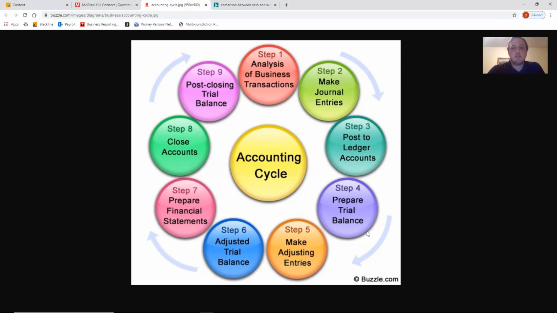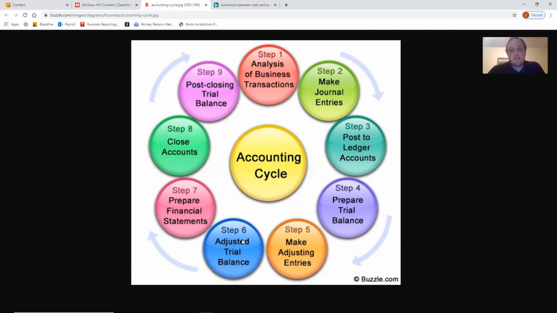With the preliminary trial balance, our job is to go through there and see what has changed since we initially recorded it to now that it's month end, and we need to make some type of adjustment. So we want to see what the numbers are first, make the adjustments, and then get a final adjusted trial balance.